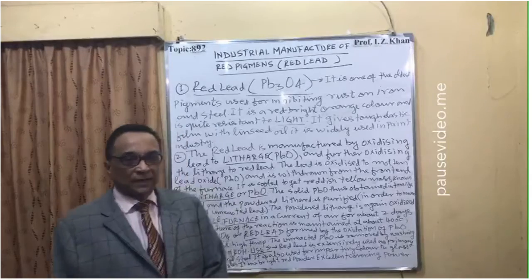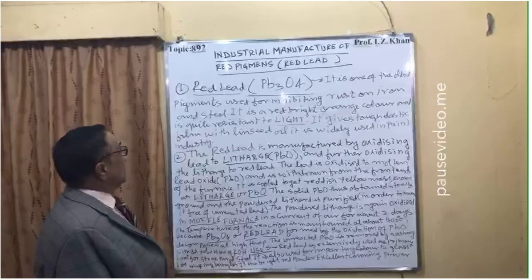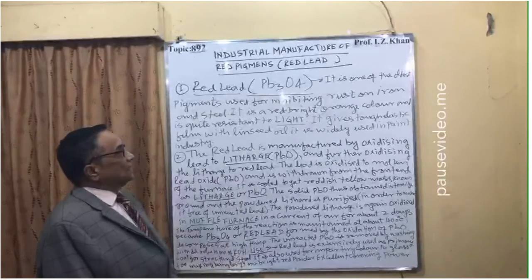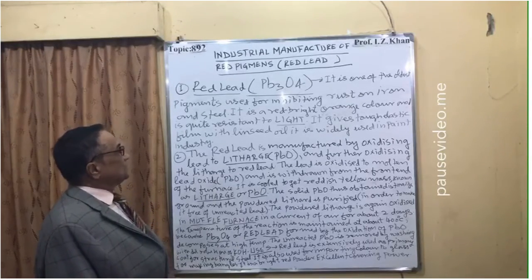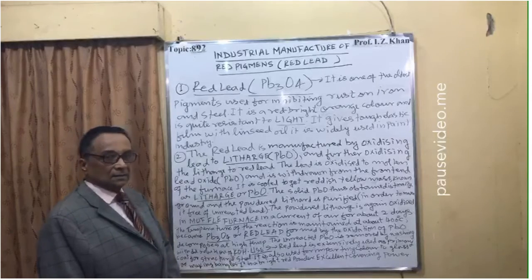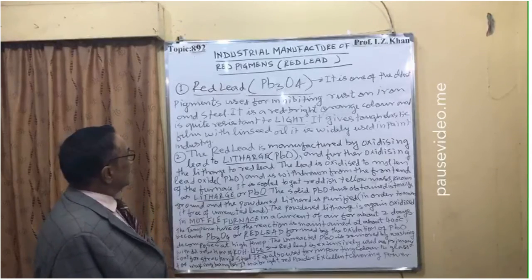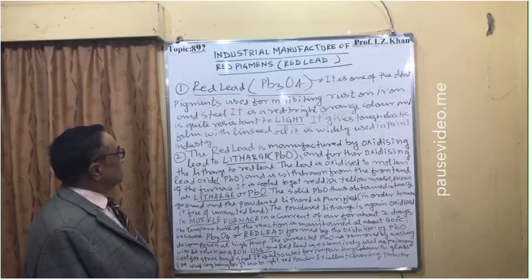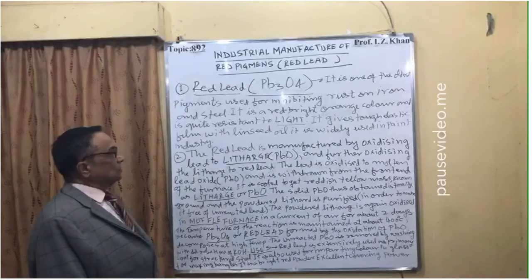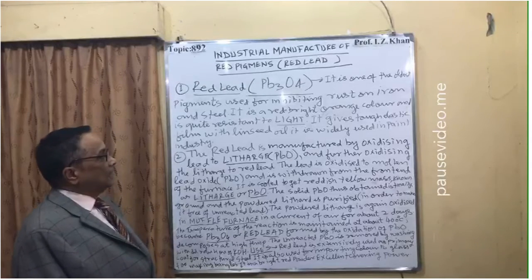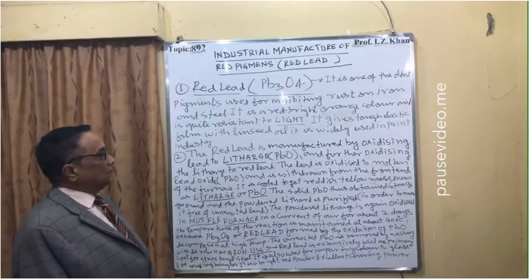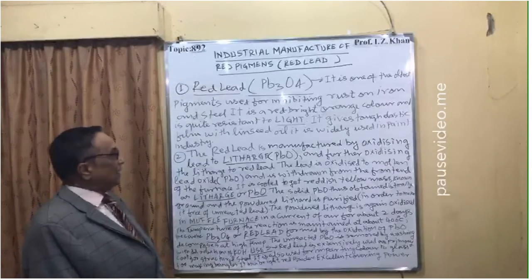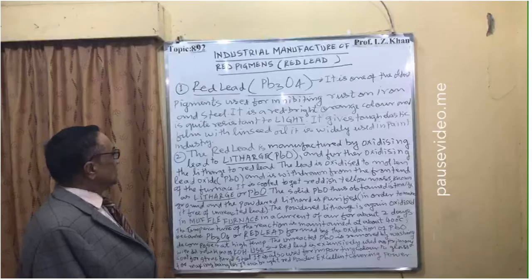So, industrial manufacture of red lead, the red pigment. Number one, red lead, which is Pb3O4. It is one of the oldest pigments used for inhibiting rust on iron and steel. It is a bright orange-red color and is quite resistant to light. It gives a tough and elastic film with linseed oil, and it is widely used in the paint industry.